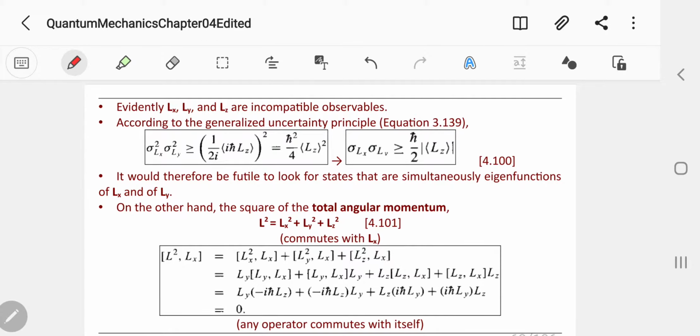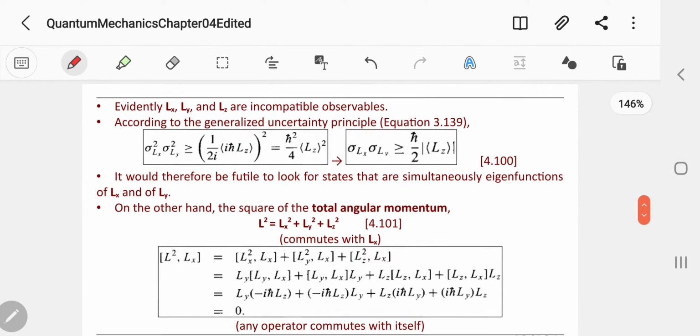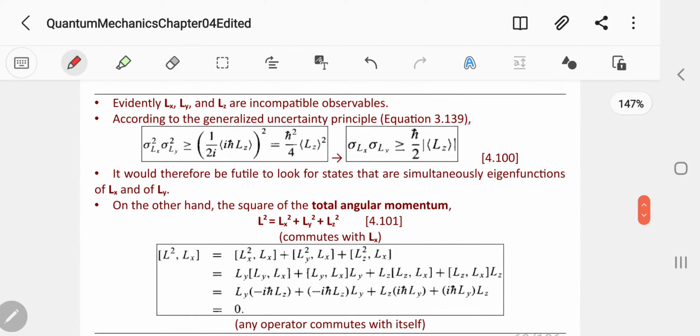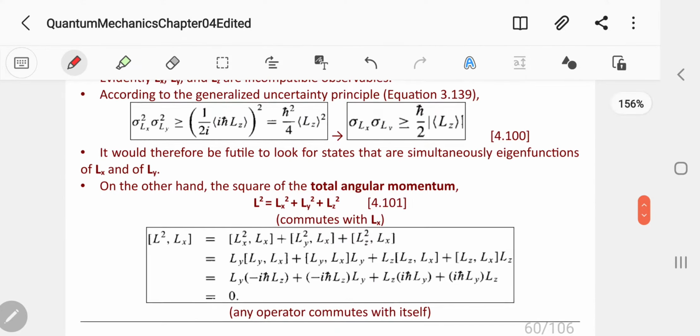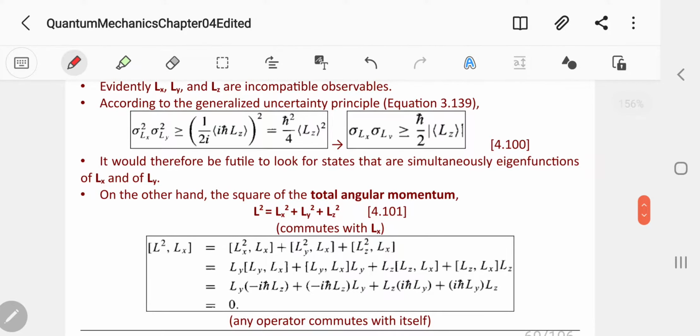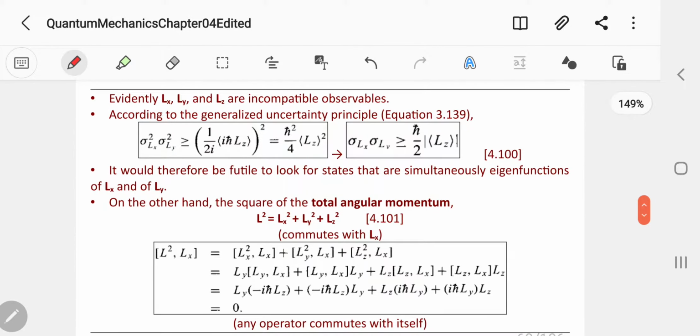Therefore, the three components of angular momentum are not compatible with each other, because their commutation relation is not zero.